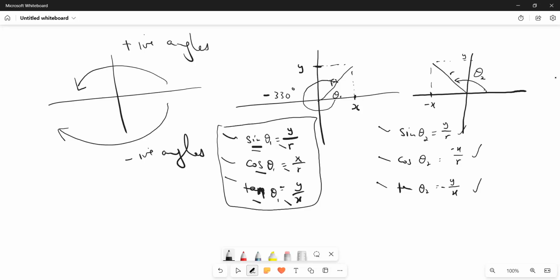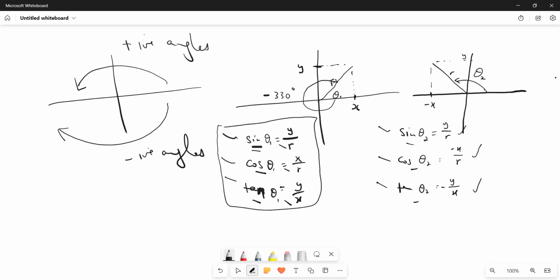An angle of negative 210. Again, the sine, cosine, and tangent of those angles are the same: sine is positive, cosine is negative, the tangent is negative.